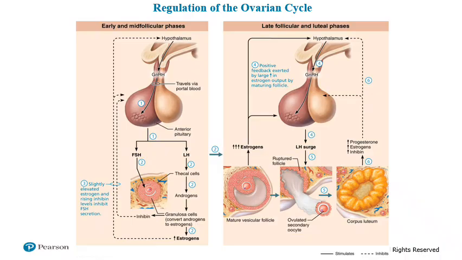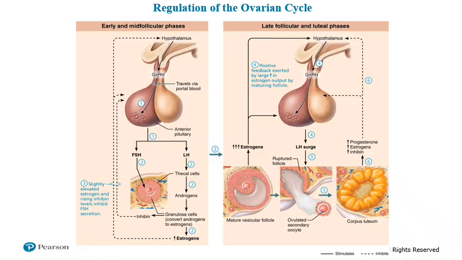And it acts on the ovaries. Now, this event will continue until the adult cyclic pattern is achieved. And then we have menarche. Menarche is the start of menstruation.